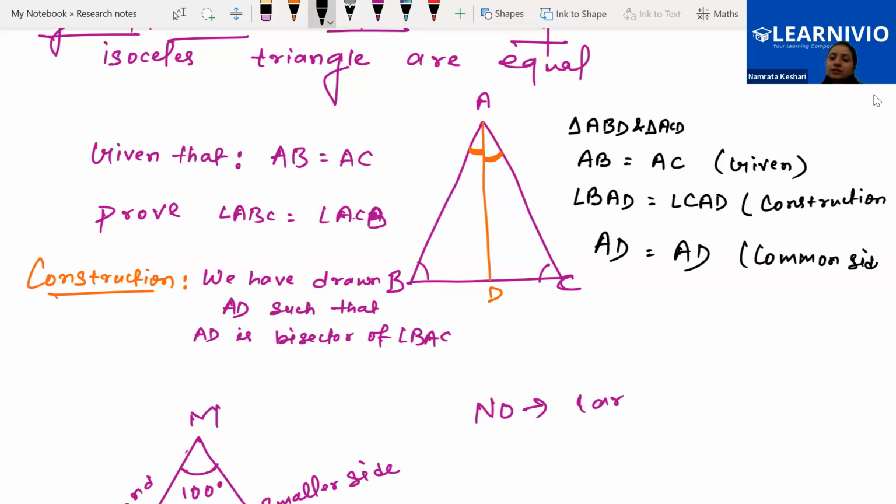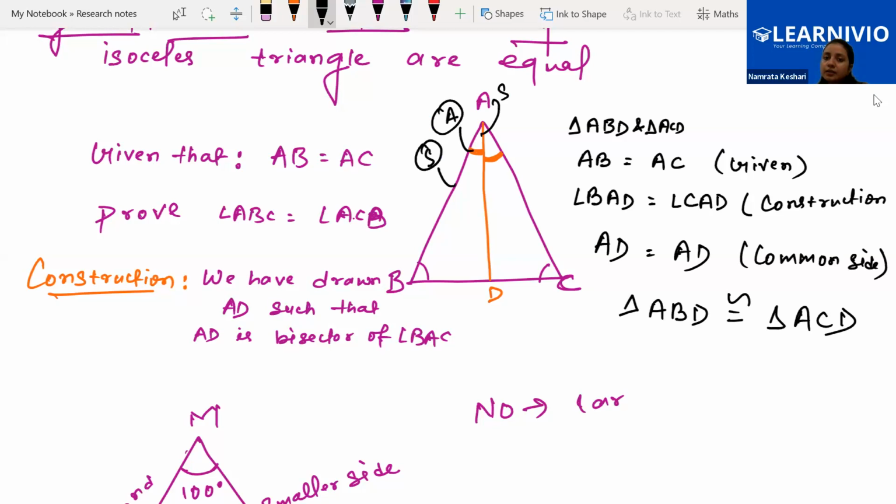By which congruency criteria are these two triangles congruent with each other? Ma'am, side angle side. Is it so? Everyone is getting it that by side angle side, see carefully, side, angle, and another side. By SAS congruency criteria, these two triangles are congruent with each other.